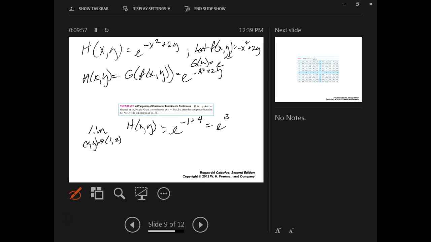Now, as occurs for limits of functions of one variable, the most difficult limits are those of indeterminate form, okay? So if we want to take the limit of f of xy as xy approaches ab, and plugging ab into f of xy yields an indeterminate form such as 0 over 0, then you don't know what's happening there. Which is winning, the numerator 0 or the denominator 0, or is it a tie somewhere in between?